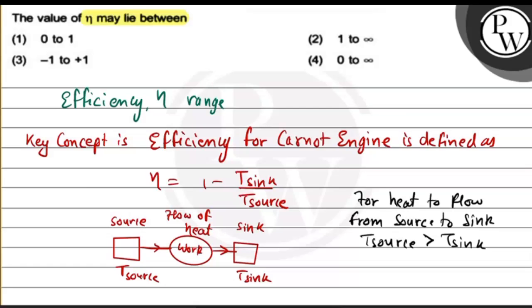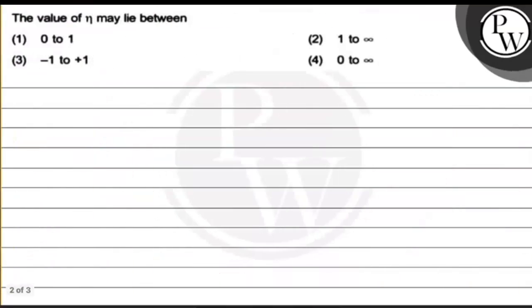Because heat flows from higher temperature to lower temperature. Therefore it implies T sink over T source should be always less than or equal to 1, correct?